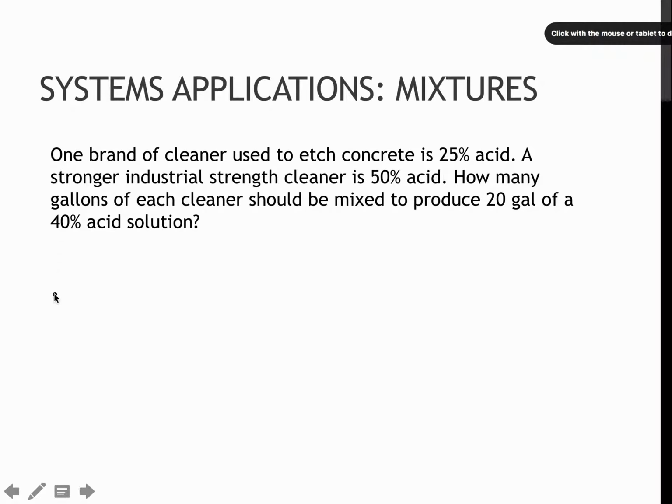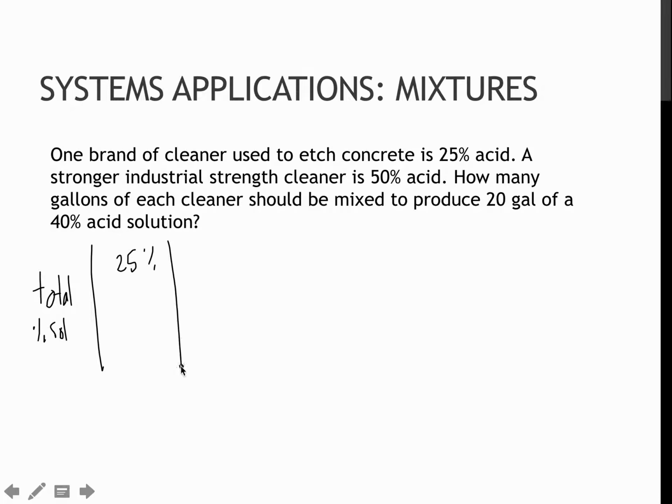So I will start my table knowing that I'm being asked about the total solution and also the percent solution for each of the different brands of cleaners. And I know some information about the 25% solution, some about the 50% solution, and some about the total.